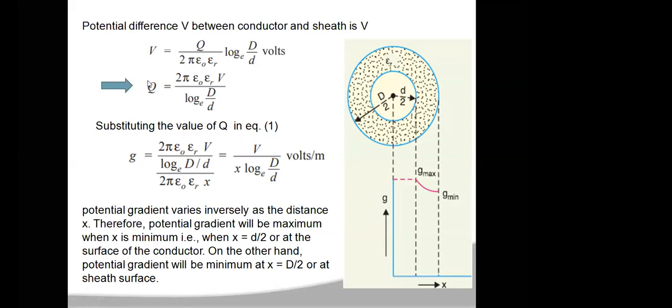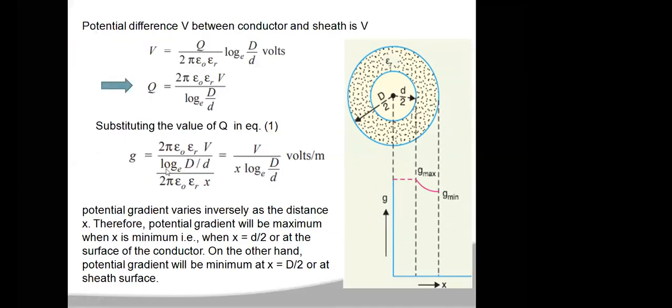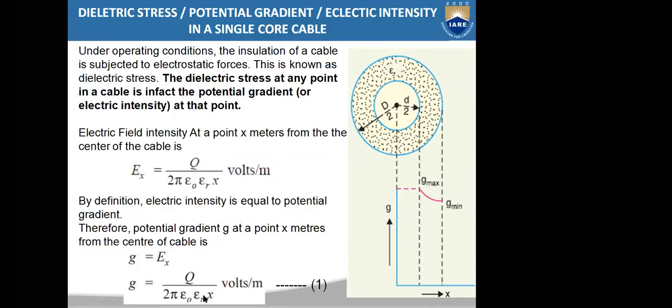Now you substitute this charge Q in the potential gradient expression. In place of Q you substitute that expression. Then the potential gradient g can be written as 2 pi epsilon naught epsilon r V by log capital D by small d to the base e, divided by 2 pi epsilon naught epsilon r x.